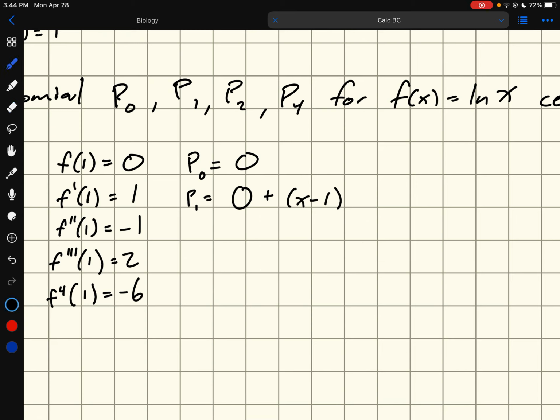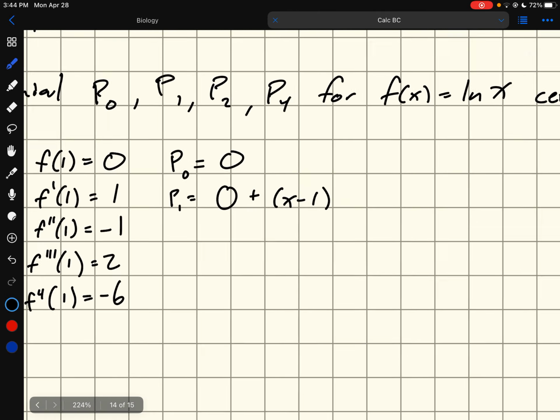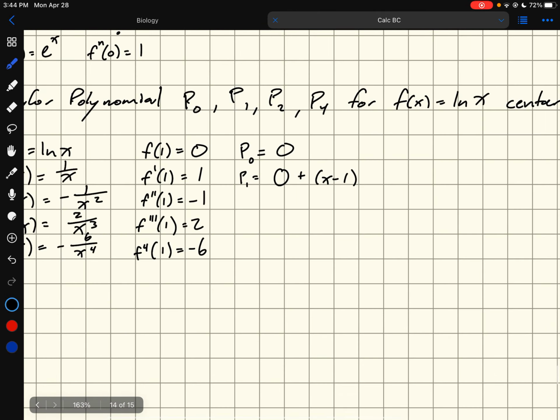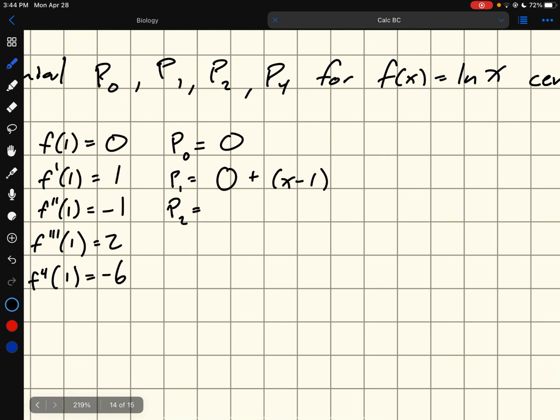Okay. Now we're going from our first derivative. Now it's p sub 2, so that's 2 derivatives. So that's still inclusive of everything that we already wrote. So p sub 2 is p sub 0 plus p sub 1, which is this one. And then we're adding on another term. So now our f double prime, because we're at 2, so that's the second derivative.